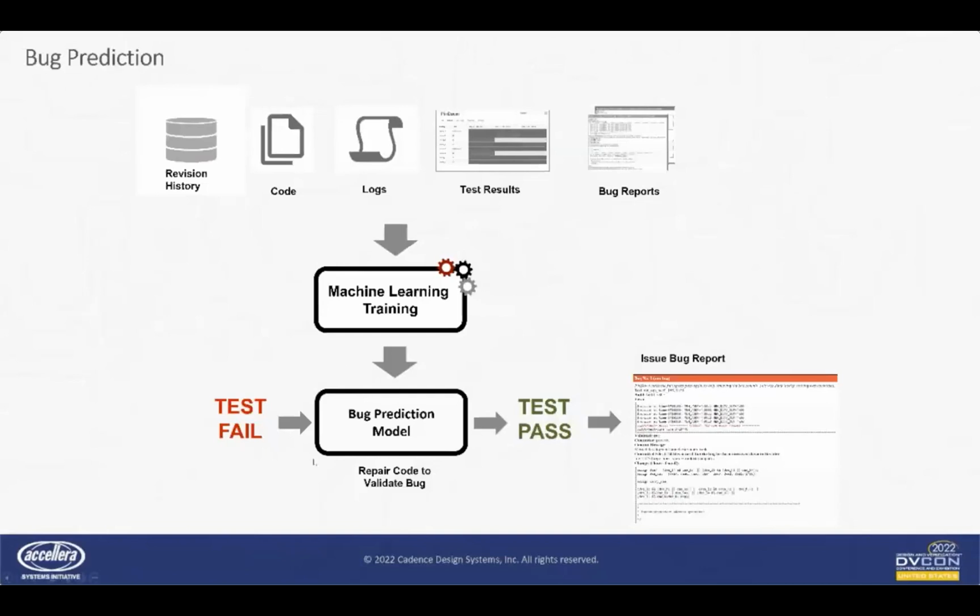So that bug prediction model is used before simulation starts at time 0. But then we still do the same process of doing this code repair, which is basically just backing out the bad code and validating that that makes the failing test pass again before the bug is reported.